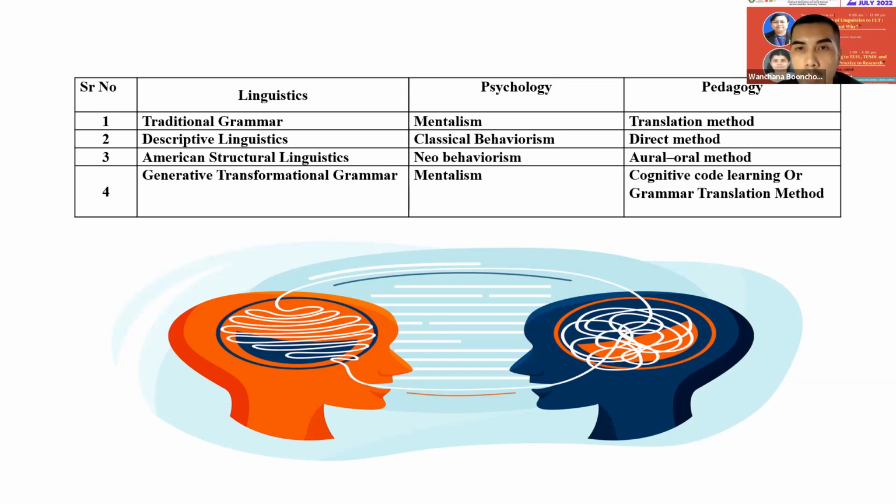And for number four, generative transformational grammar, this psychology part is the same as traditional grammar, because they have to learn by themselves. It focuses on the individual student, not just the group. I think it is based on collective consciousness.